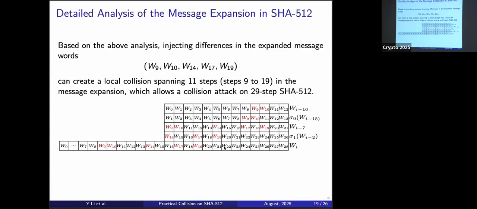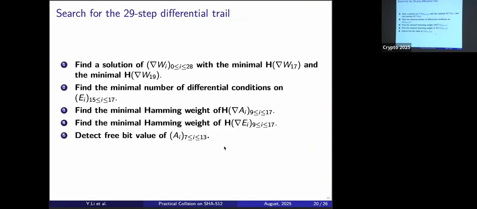Based on the above analysis, injecting the difference in the expanded message words W9, W10, W14, W17, and W19 can create a local collision that spans 11 steps in the message expansion, which allows a clean attack on 29-step SHA-512.